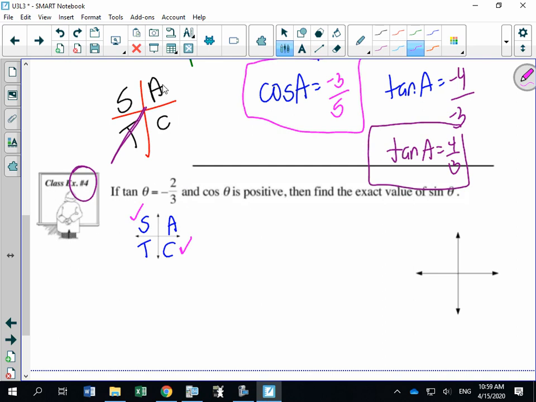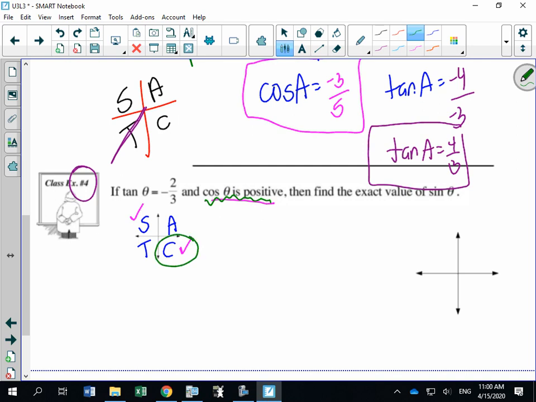Cos, they're telling me, is positive. My answer is either this quadrant or this quadrant, right? Tan is negative in these 2 quadrants, but I have to pick between these 2. Where is cosine positive? My answer would be this.